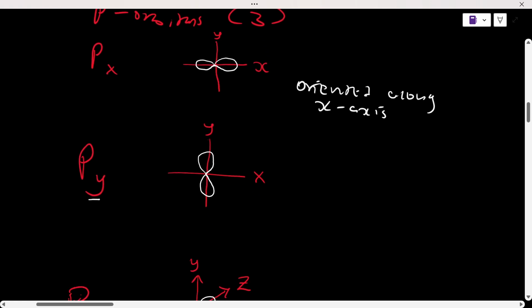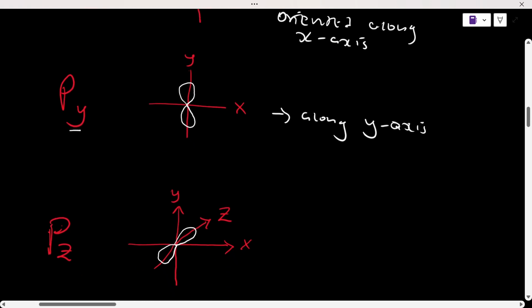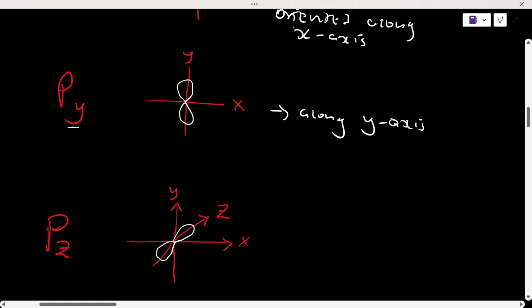When I'm having a py, they are oriented along the y axis. When I'm having a pz, the orbital is oriented along the z axis.